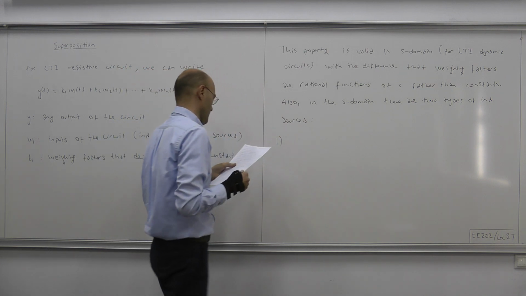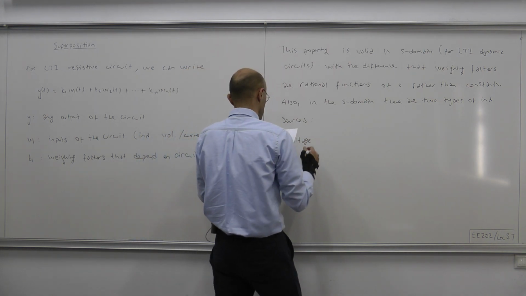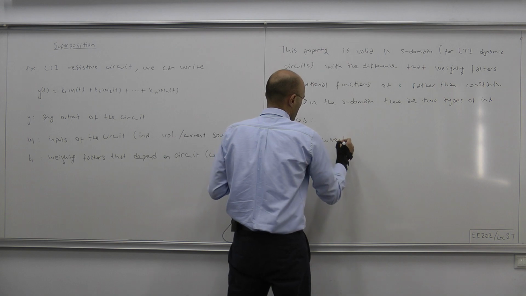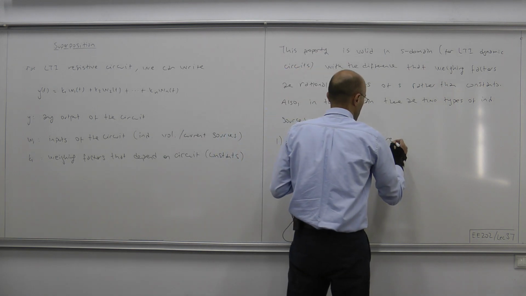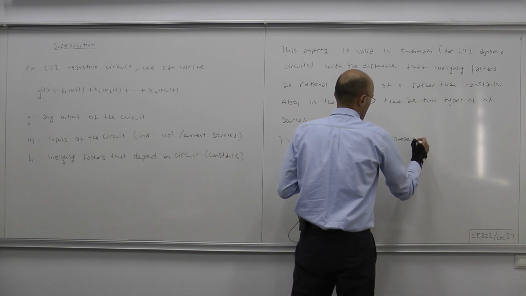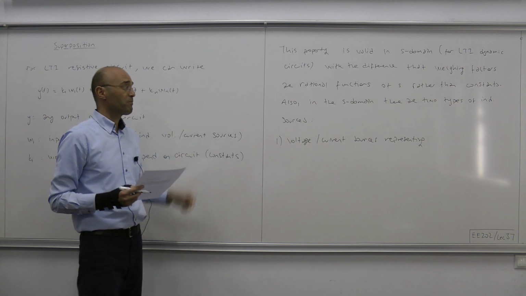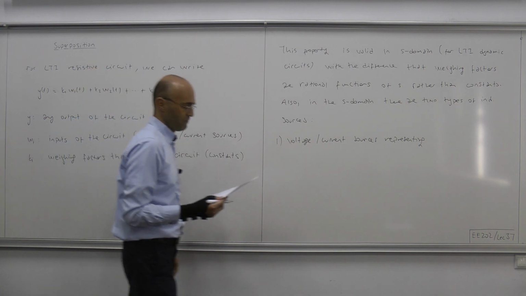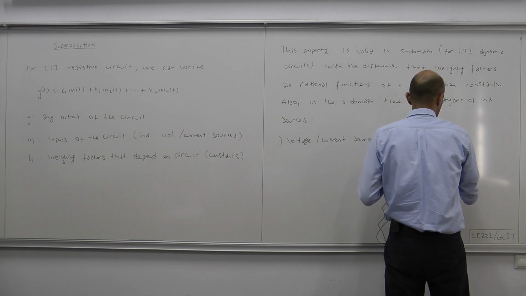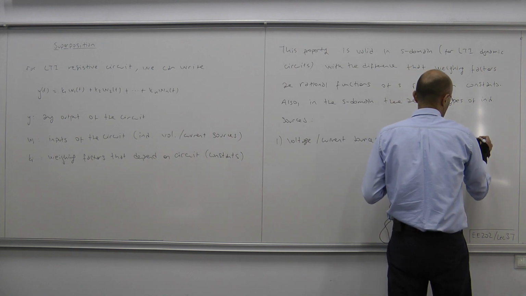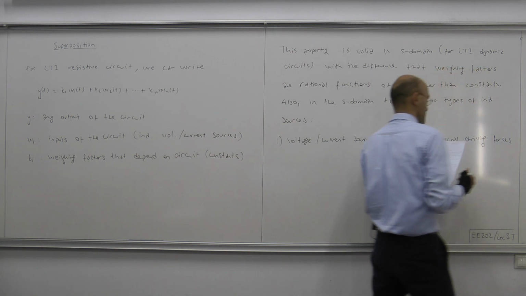So we have two types. Type 1: voltage and current sources representing the independent sources in the time domain. Those we're going to call external driving forces, a little informally.